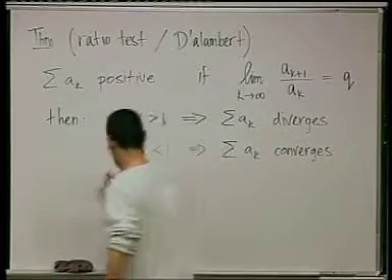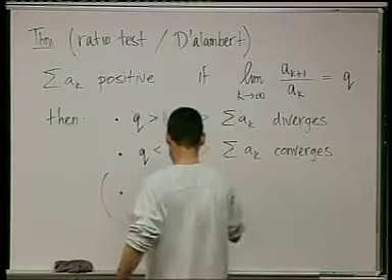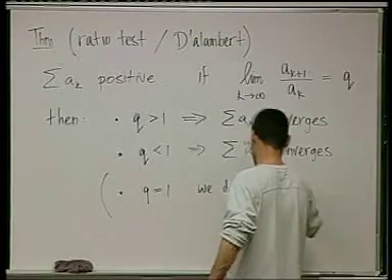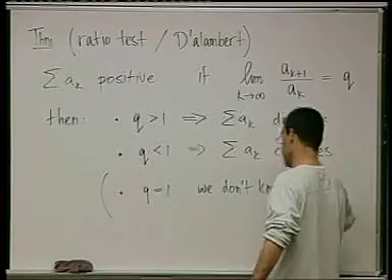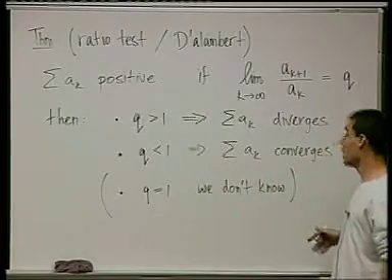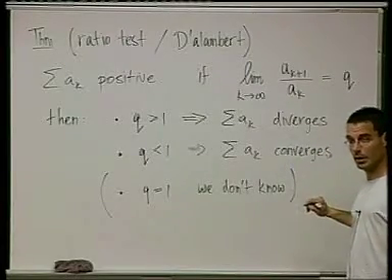And let me write, q equals 1, we don't know. So there's no statement. Both can happen if you found out that q equals 1, or that there's no limit or whatever, you just can't use this test. Okay?